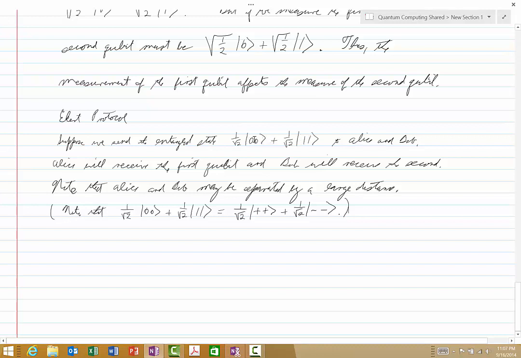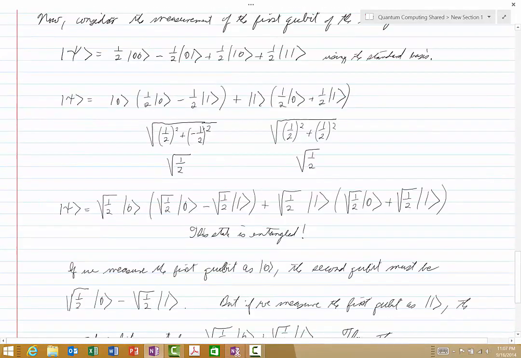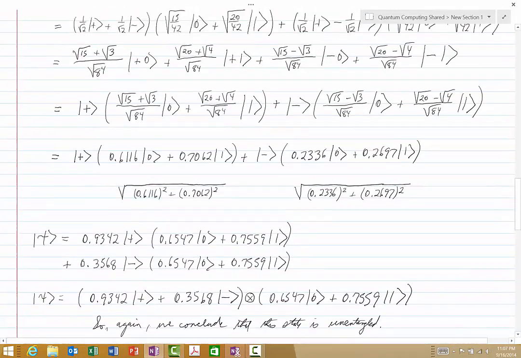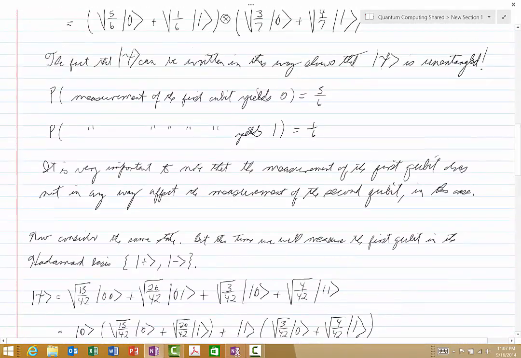If it were unentangled, Alice would not be able to conclude from her measurement of the first qubit what Bob would measure for the second qubit. Even if he used the same measurement basis, she would not be able to say. For instance, just to emphasize this point, let's go back up here to the first example we looked at.